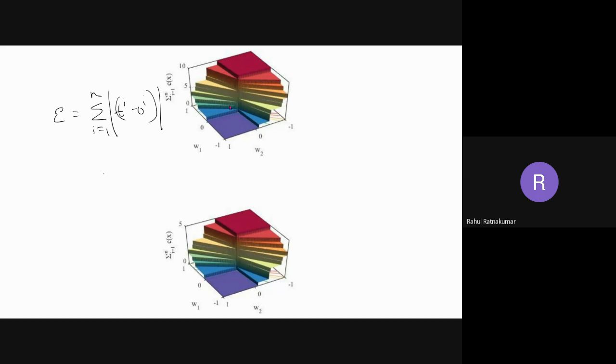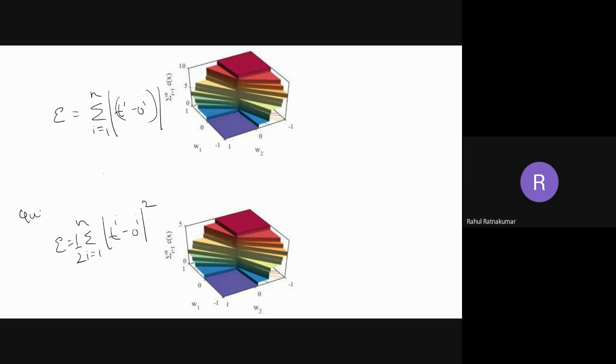There are some other options also. For example, I can change the error function to sigma i equals 1 to n, ti minus oi, whole square. I don't know the name of this error function, but this is a quadratic error function.